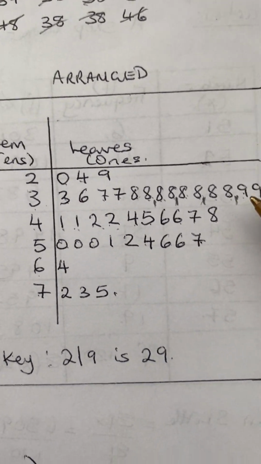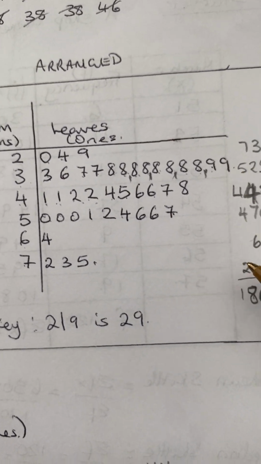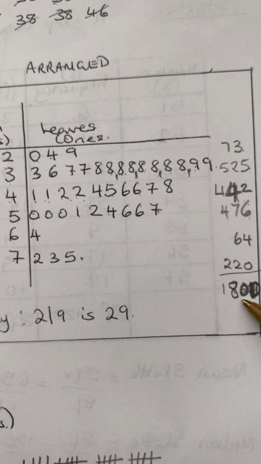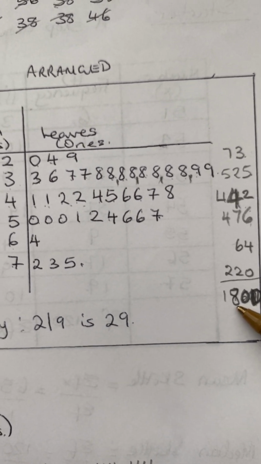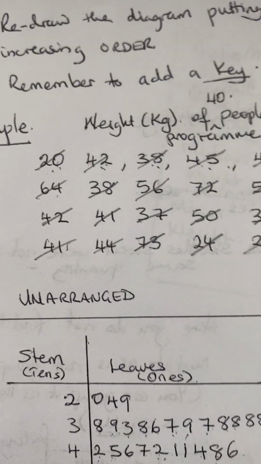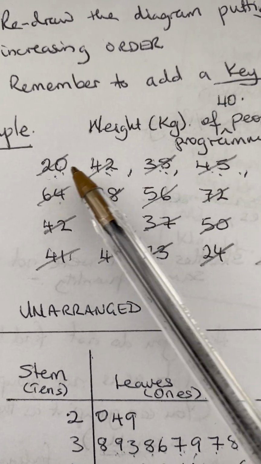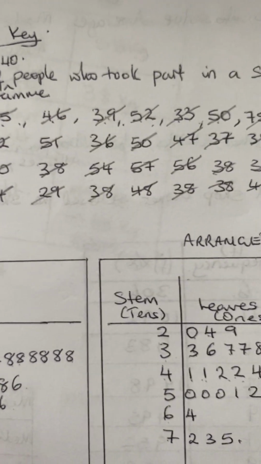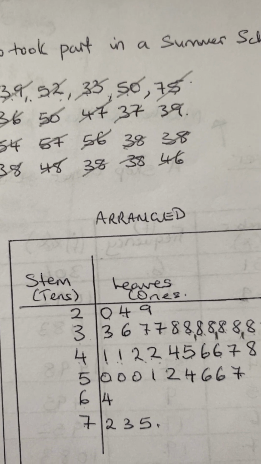The problem with doing it on the arranged data is that if you miss a number, it will affect your answer. But you can use your first data and do it.